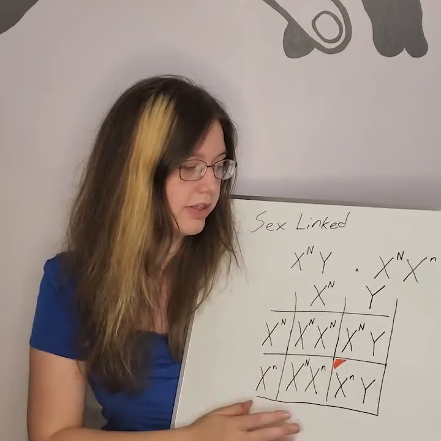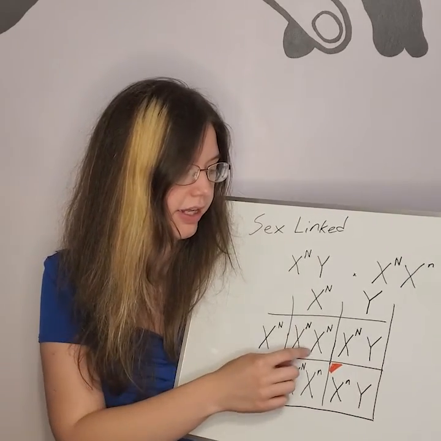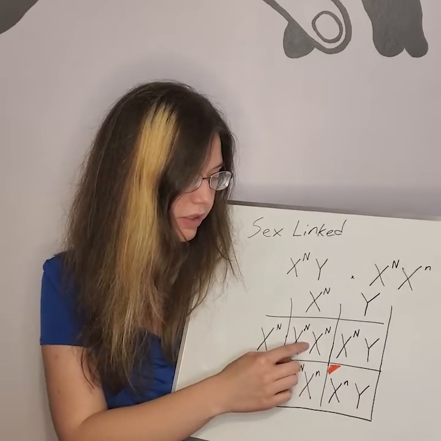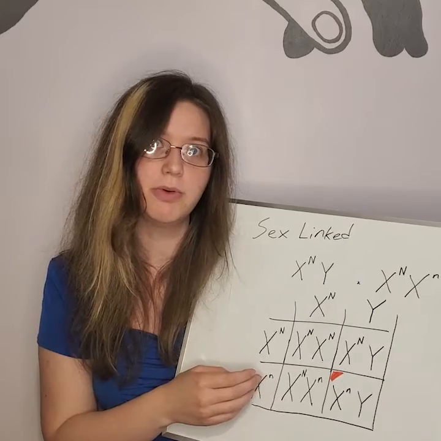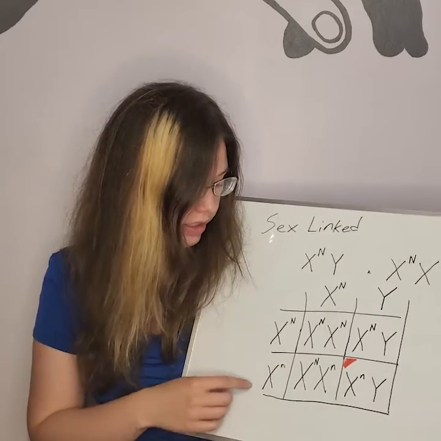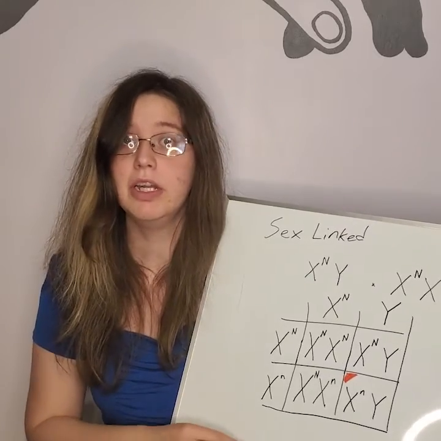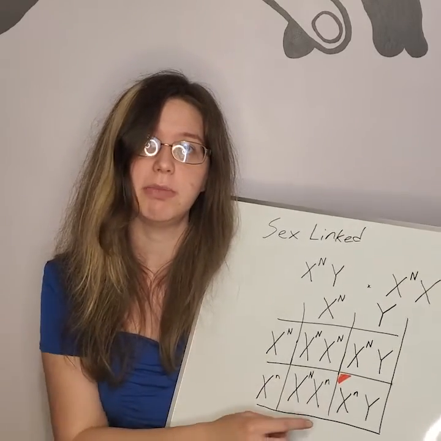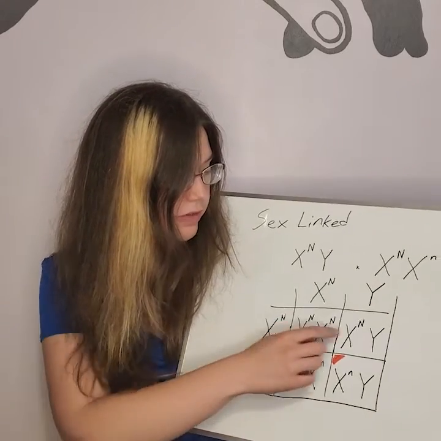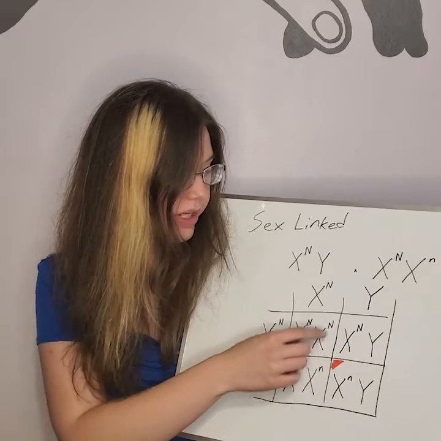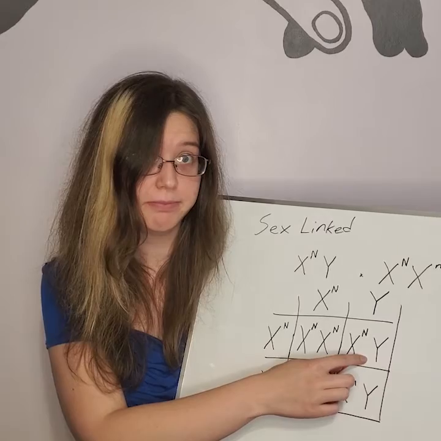So when we cross these two, the normal colored male takes his allele, and then the female, her allele, and they make a normal vision female. They do the same here, and they get a normal vision female. This one is a heterozygous female, so she is a carrier for color blindness. And then over here, we have X and Y, so we have a normal vision male.